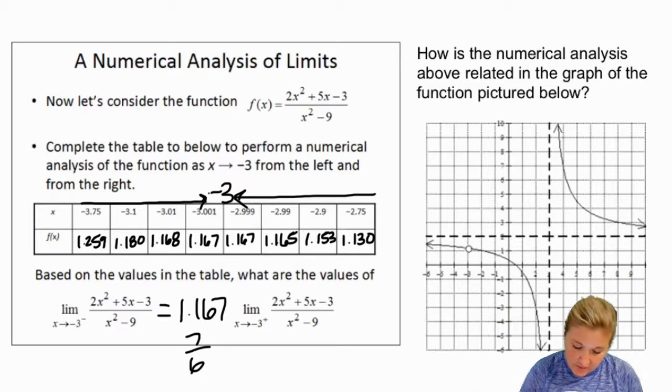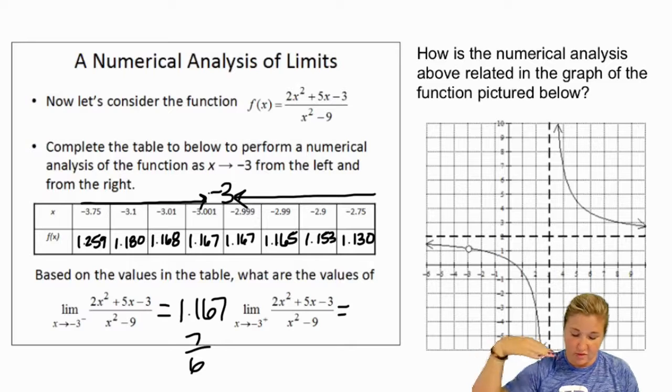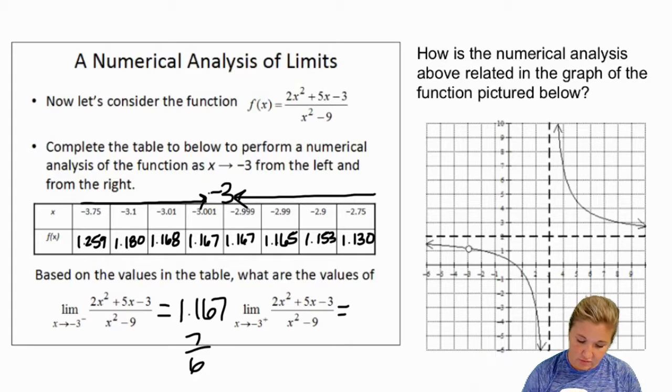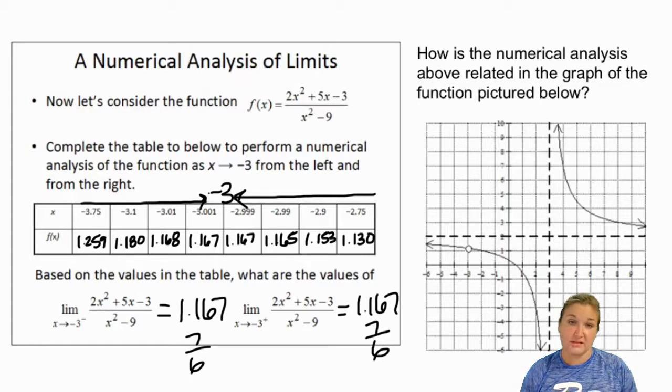Same thing on the other side as it approaches from the right side, for the numbers that are less than negative 3, those are going to be 1.167, sorry, and that is, again, 7/6. So you can see that they're both approaching the same number.